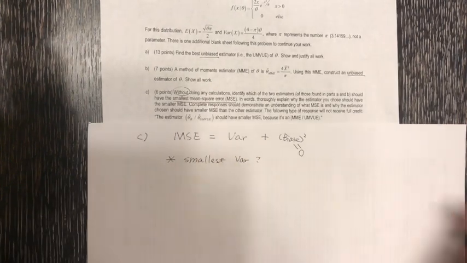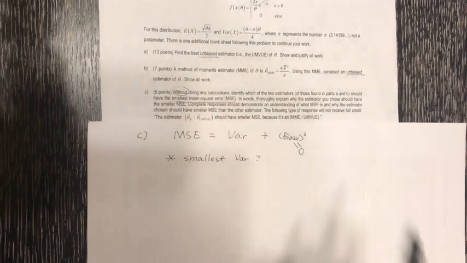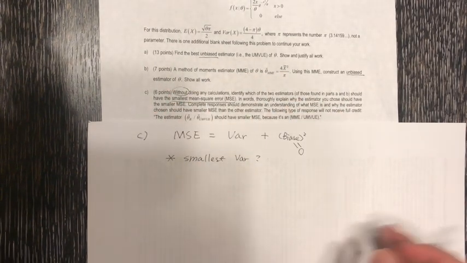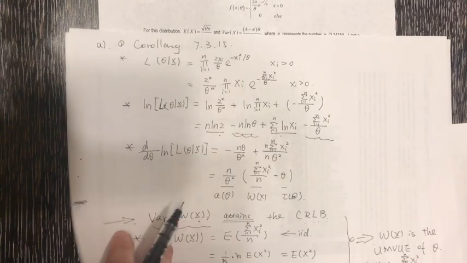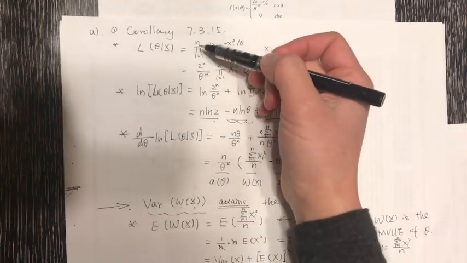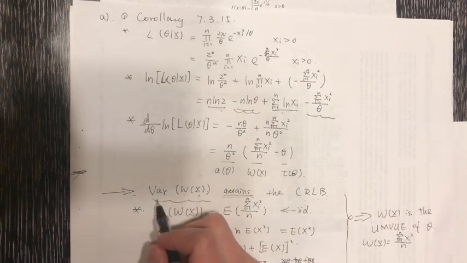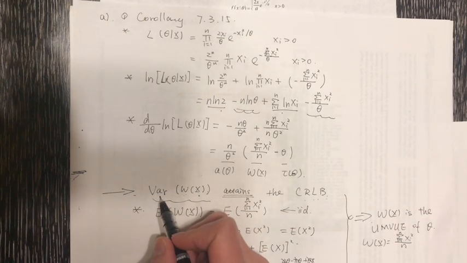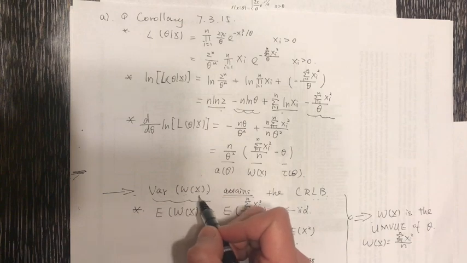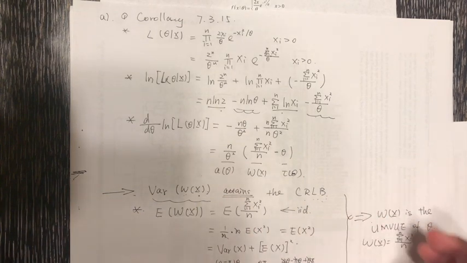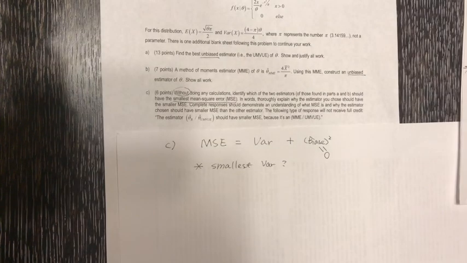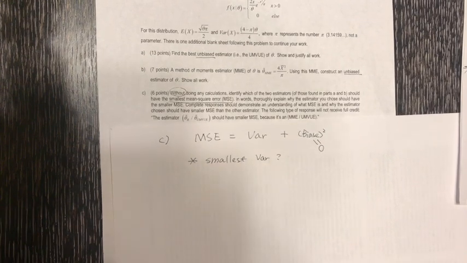Luckily, when we did question A, we used two methods. In one method we used corollary 7.3.15. We went through the likelihood function, and when we came to here, we proved that the variance of this estimator attains the CRLB, which is the smallest variance.